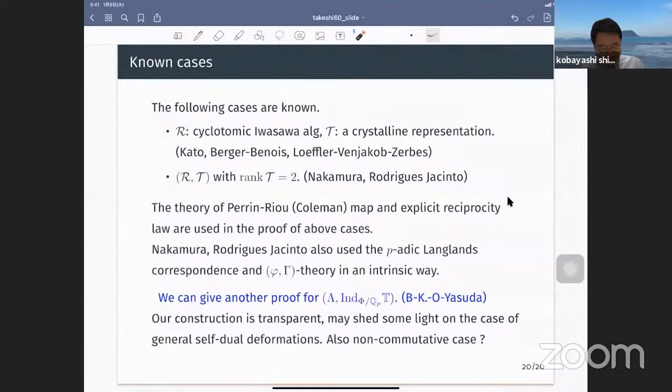Yes, this is one of the reasons I consider Kato's local epsilon conjecture. If I consider Kato's local epsilon conjecture in this case, then I hope to find some explicit relation between the local root number and the plus-minus construction.